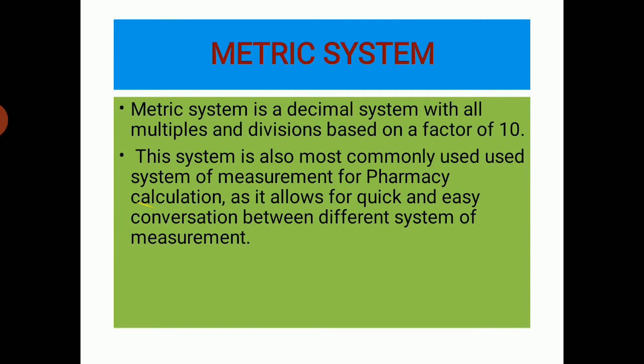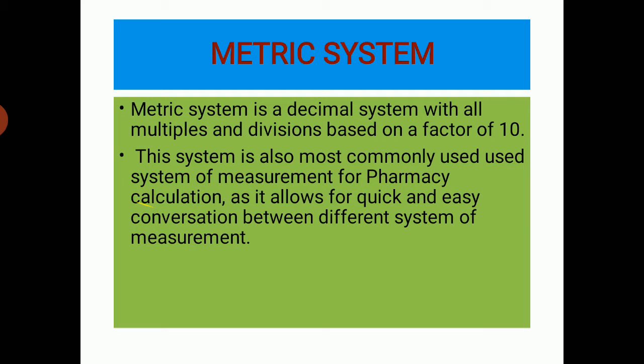Today I will discuss these topics: the metric system, imperial system, percentage, ratio, conversion of ratio to percent, conversion of percent to ratio, conversion of percent to decimal and conversion of decimal to percent, and so many examples of calculations based on these conversions.